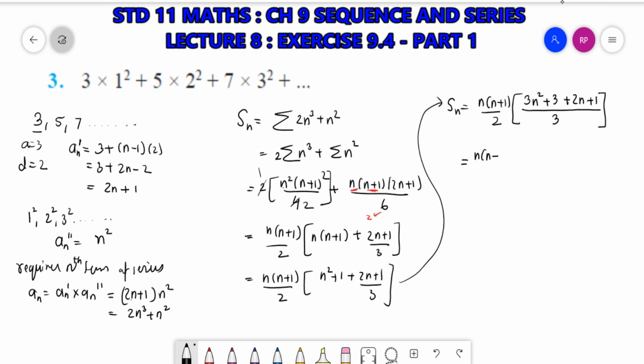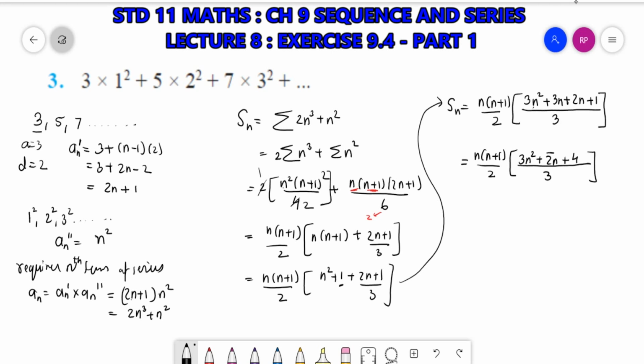Now this will be equal to n, n plus 1 by 2. LCM is 3. So 3n square plus 2n plus 4. Okay. Sorry, there is some mistake. The mistake is when you multiply 1 by 3, it will be 3n.